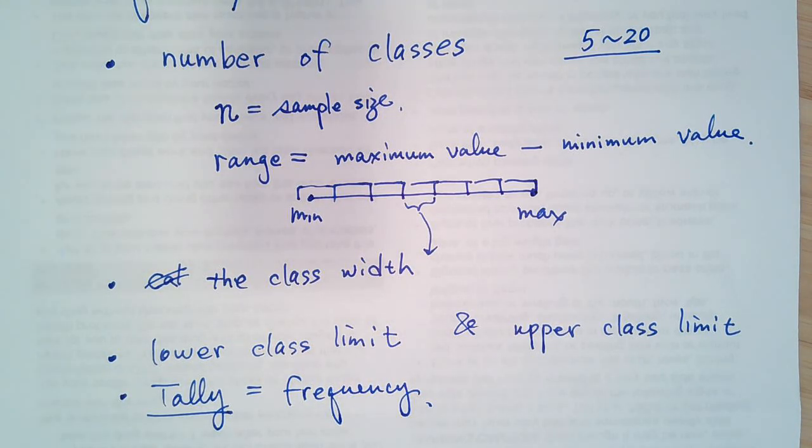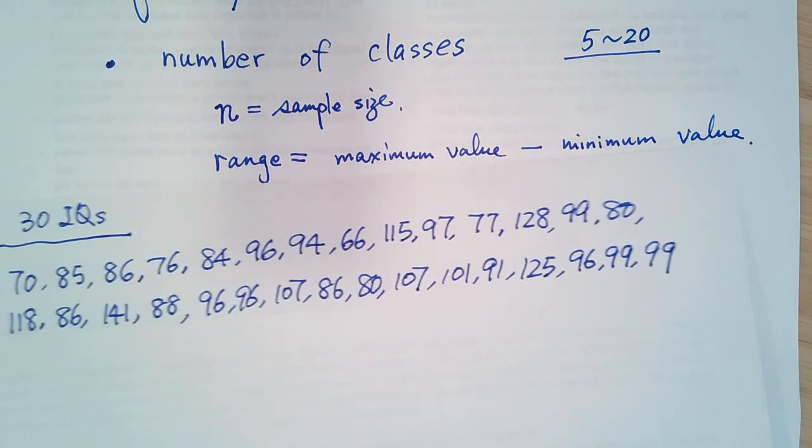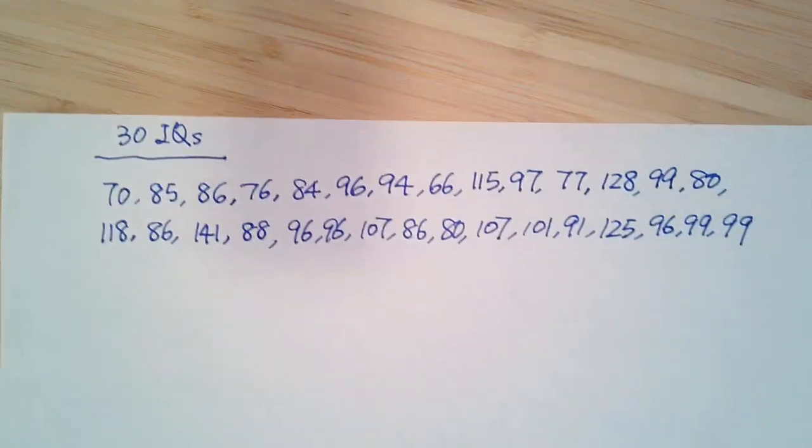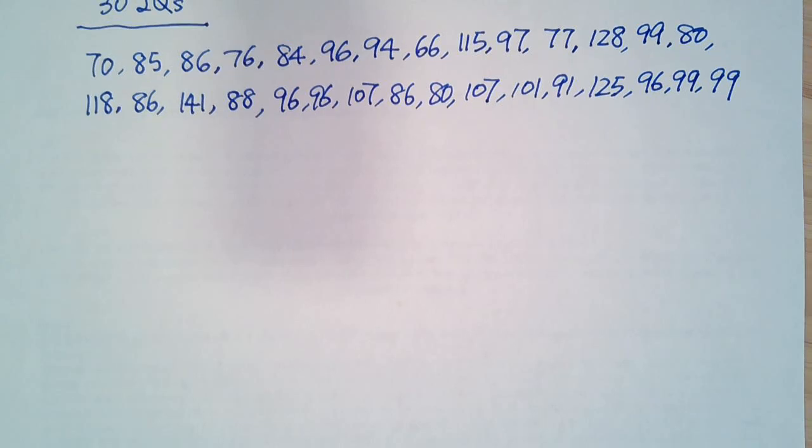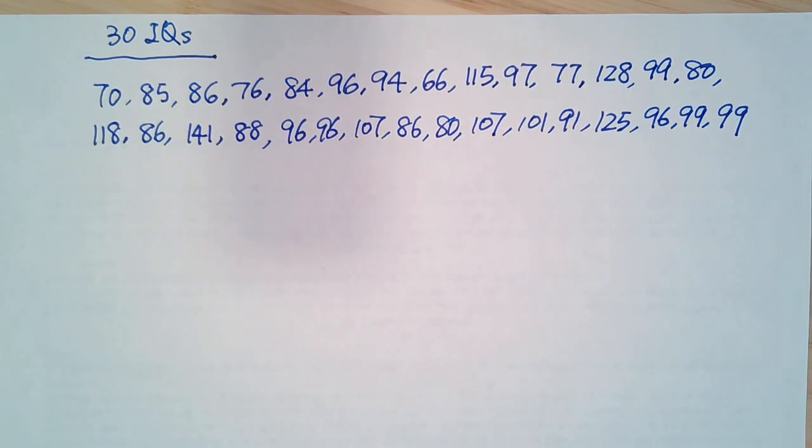Let's do this together with sample data, because I already wrote this down before the class, since I don't want to spend too much time here. We have 30 students' IQs, and I want you to construct the frequency distribution table for me.